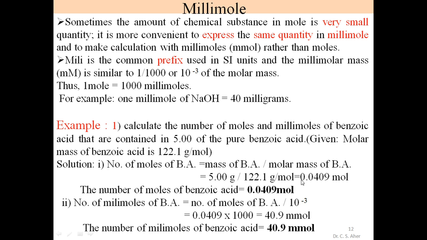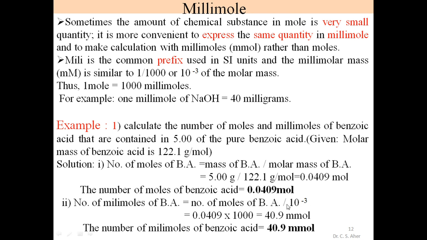After dividing this, what do we get? The answer is 0.0409 moles. So this is a molar quantity, and thus the number of moles of benzoic acid is 0.0409 mole. Now second, we calculate the millimoles of benzoic acid. The number of millimoles of benzoic acid is equal to the number of moles divided by 10 raised to minus 3.